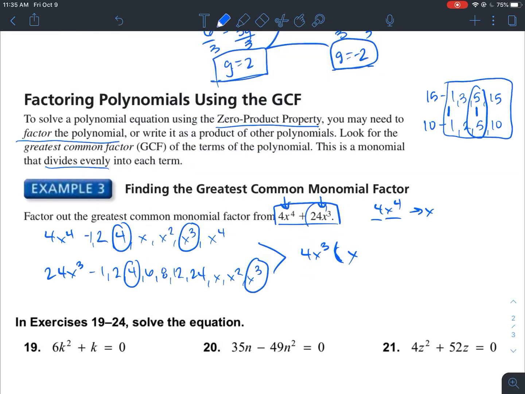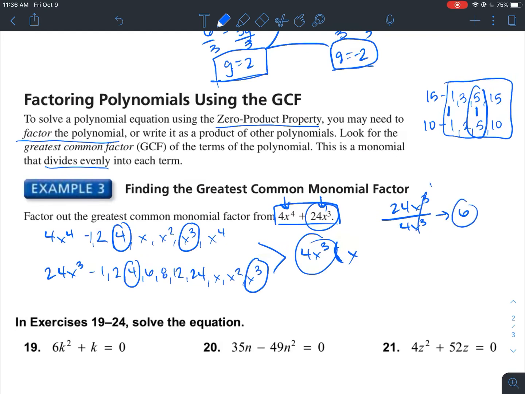Okay, now let's look at the second term. So if I have 24x cubed, and I want to take away a 4x cubed, or divide this by 4x cubed, well, 24 divided by 4 would be 6, and x cubed divided by x cubed would be 1.